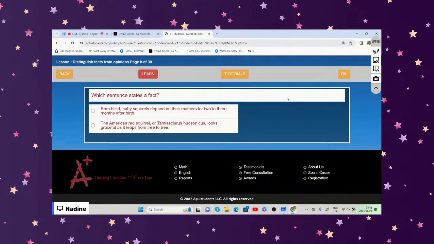Or the American red squirrel, Tamias sciurus hudsonicus, looks graceful as it leaps from tree to tree, right? So we need to say which one we think is a fact.